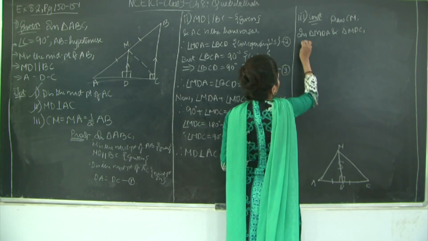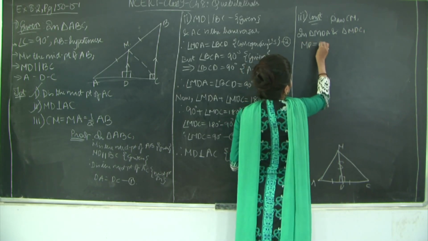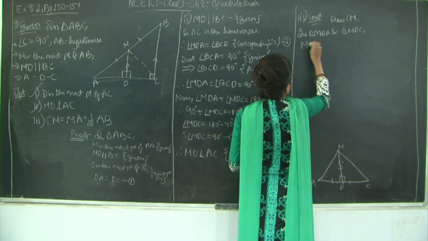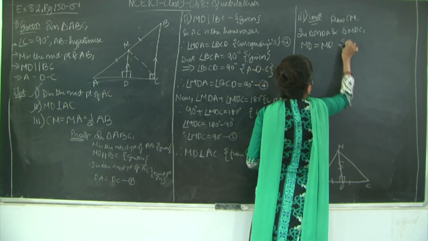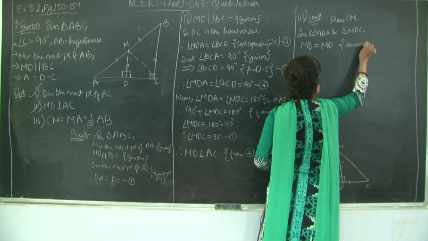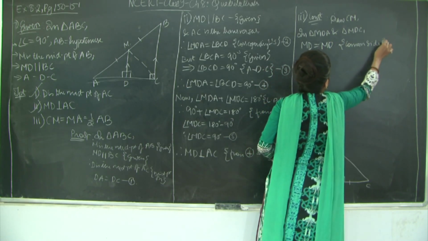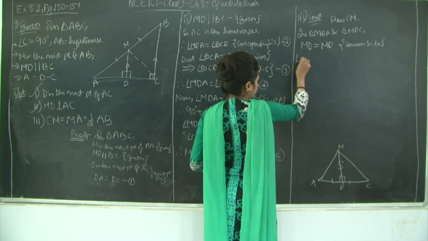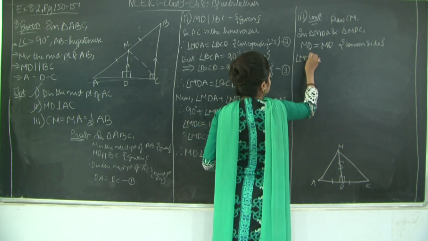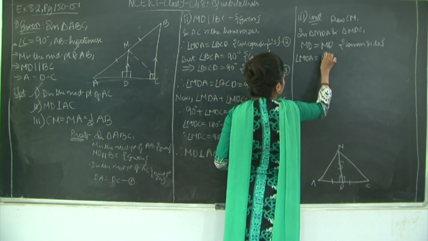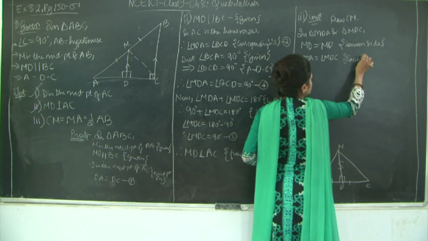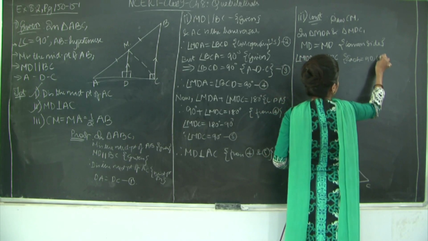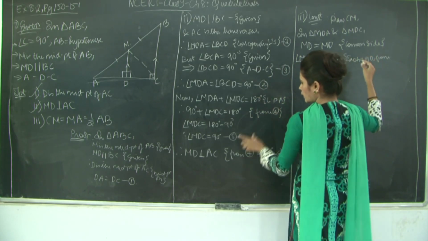I have MD is equal to MD, I'll say common side. Then I have angle MDA is equal to angle MDC. Each is equal to 90 degrees from which points? 4 and 5.